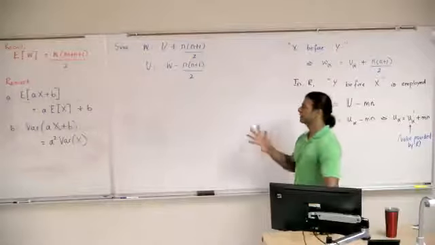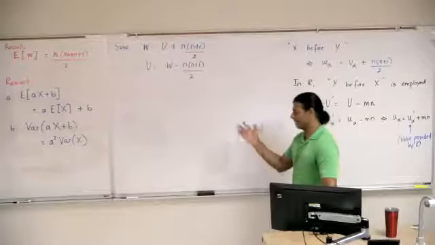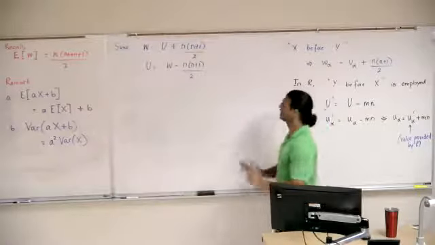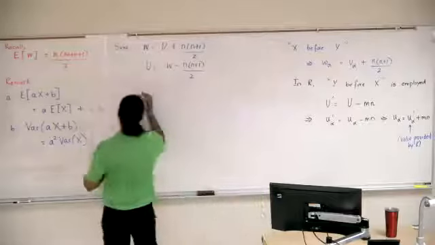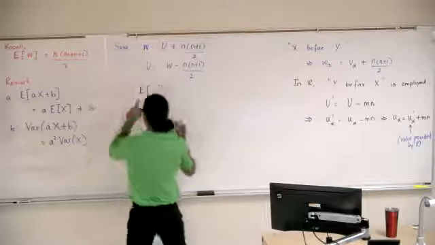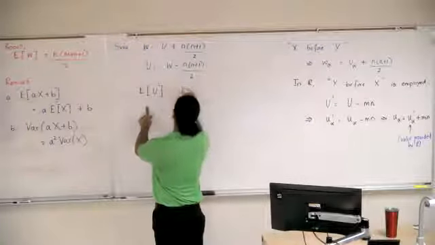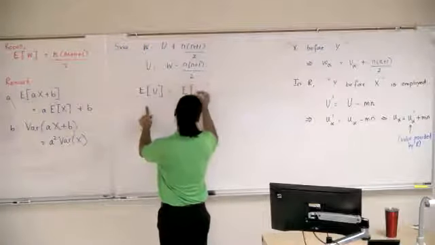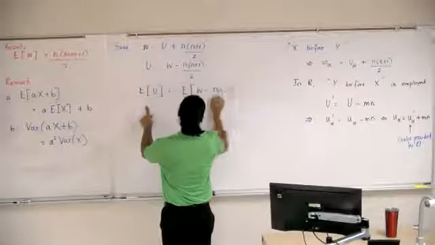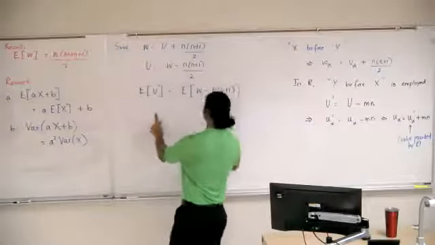Think of expectation as applying the derivative on both sides or square roots on both sides to keep things easier. So expectation of U is equal to the expectation of W minus N times N plus 1 over 2.